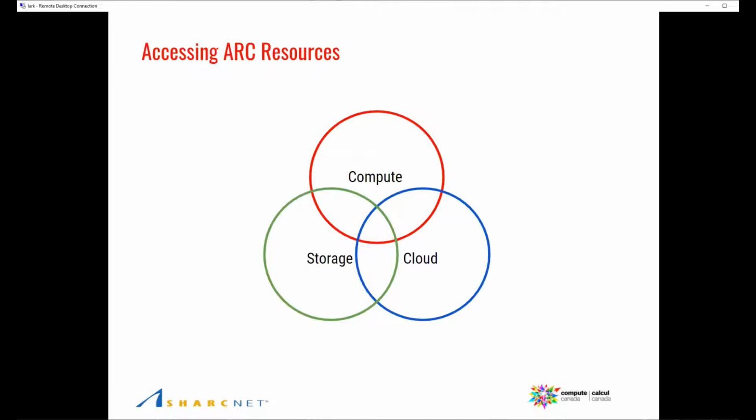The cloud is for people who might want some flexibility when doing the computation, as well as for running web portals or databases. These three major types of resources are accessed by people from across the country.